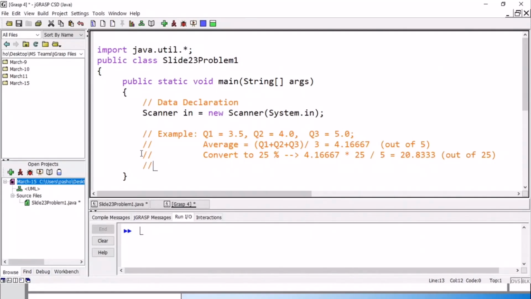So the equation that we will get, I'm going to call it final mark, or let's call it total.